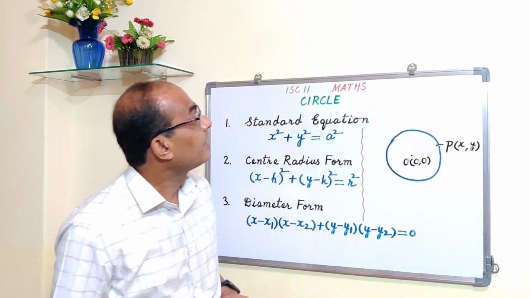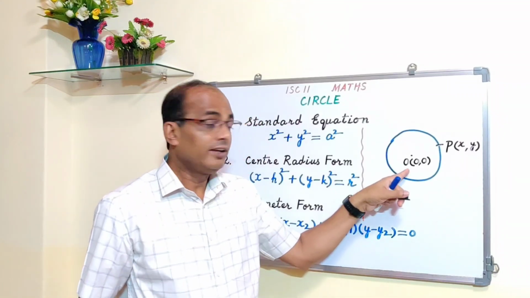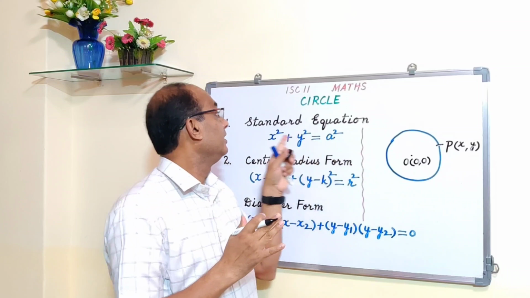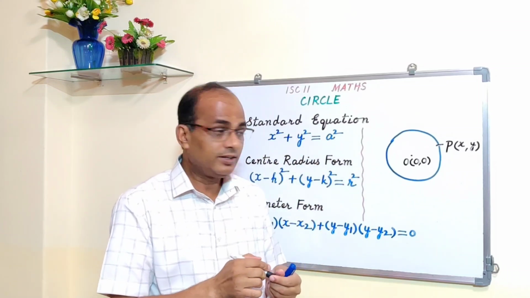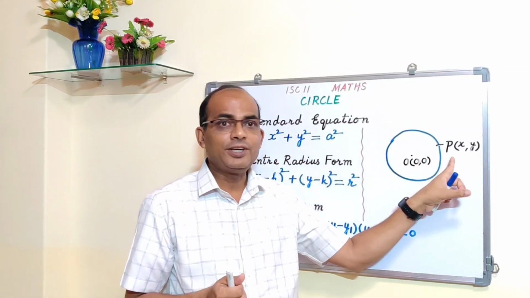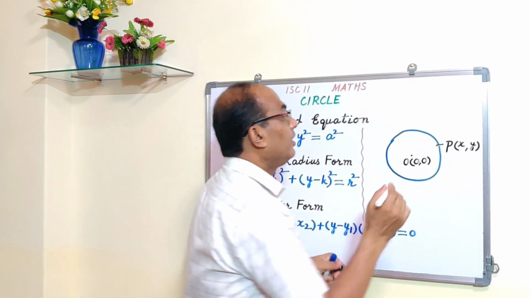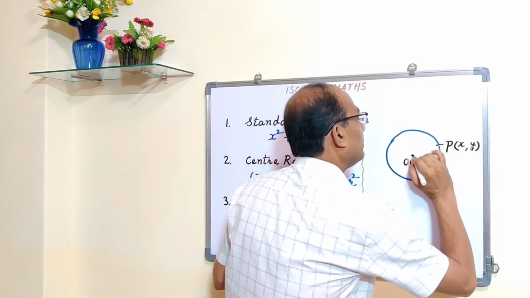The center of the circle is at the origin, that is why we are calling this the standard equation of a circle, and we are taking a variable point P(x, y). Now, join O to P.